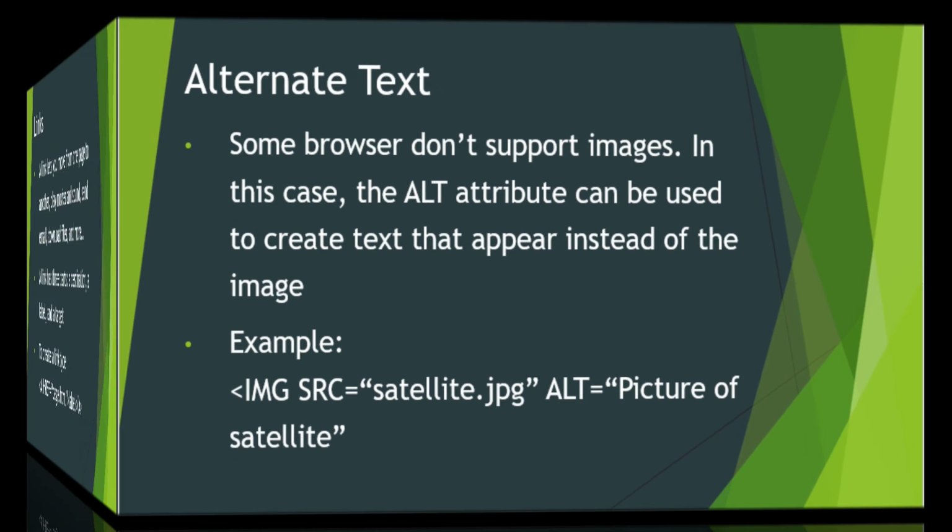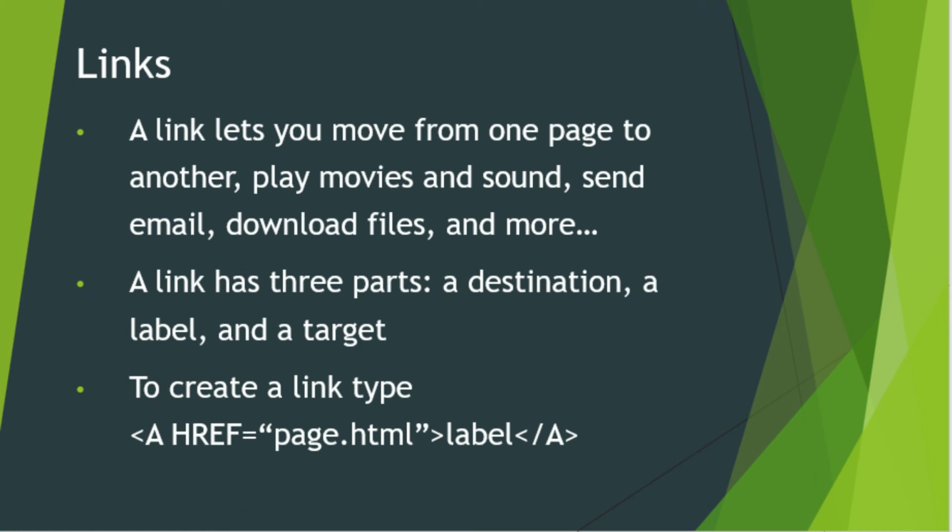So next one is link. Link, you all know, lets you move from one page to another, or play movie, sound, send email, download files, and more. The link has three parts: destination, label, and a target. How to create a link?